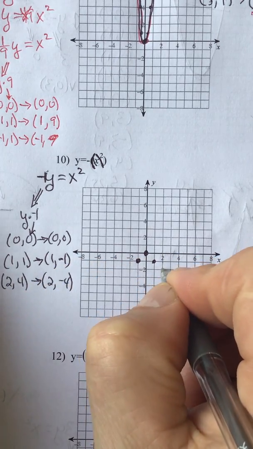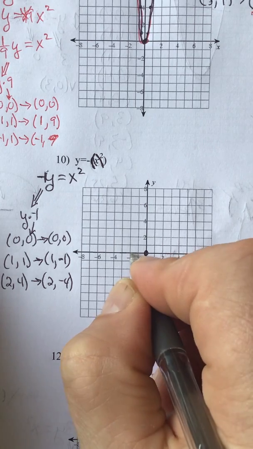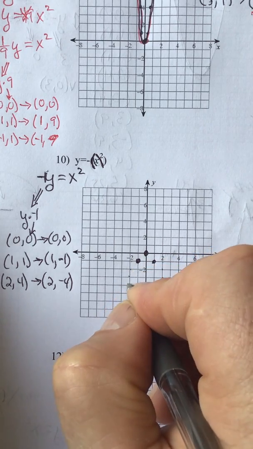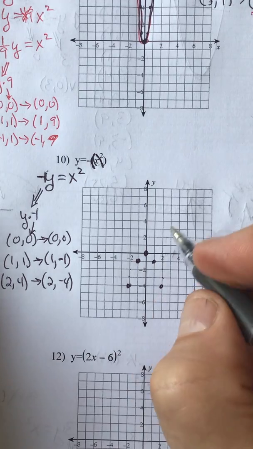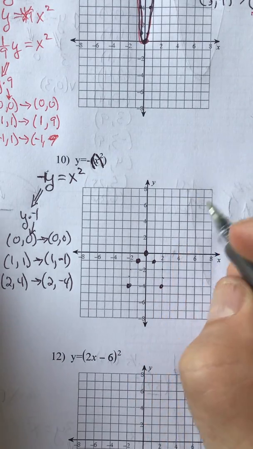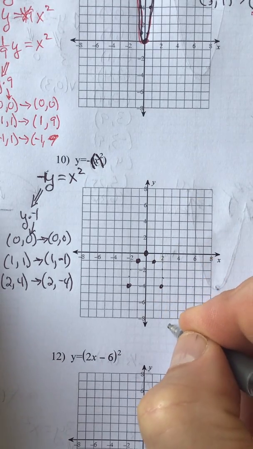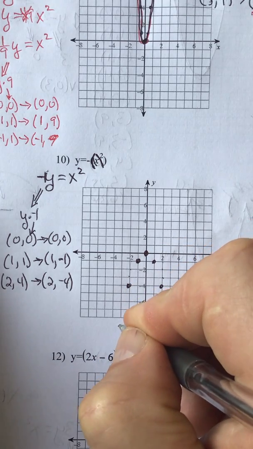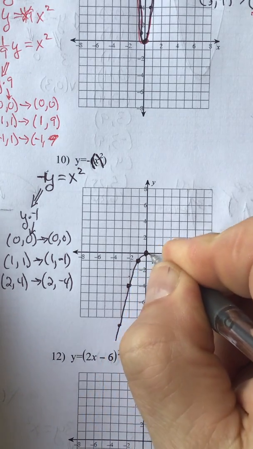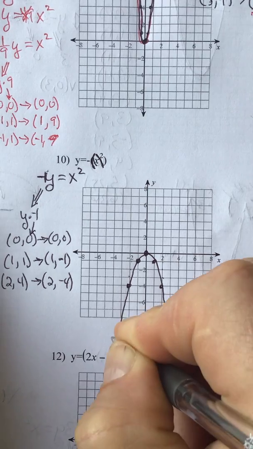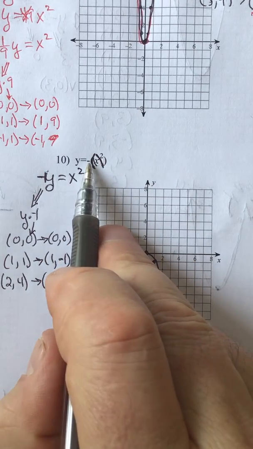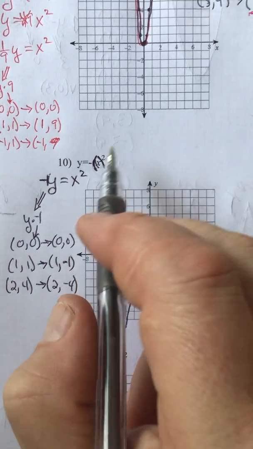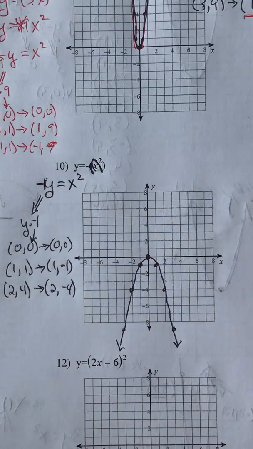So 2, 4 becomes 2, -4, and then 3, 9. Instead of going over 3, up 9, it will go over 3, down 9, and over 3, down 9. So it looked like that negative was on the x in the first place, but it was not because of where the square was.